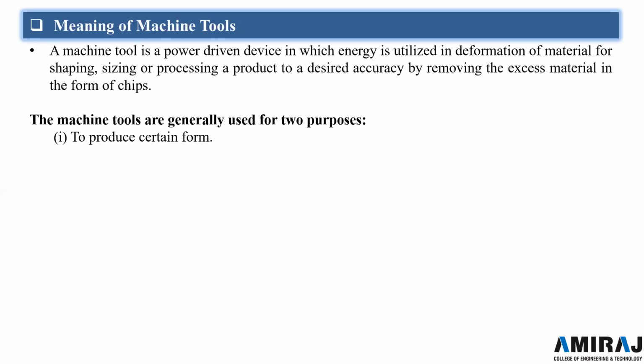Suppose you want to make a nut and bolt, or provide a thread, or perform a knurling operation, then machining will be required. The second purpose is to produce finished surfaces. Any object that requires a finished surface also requires machine tools for finishing.